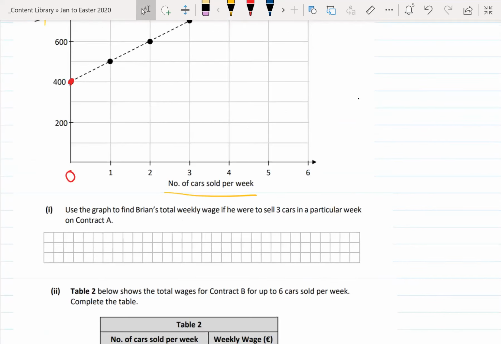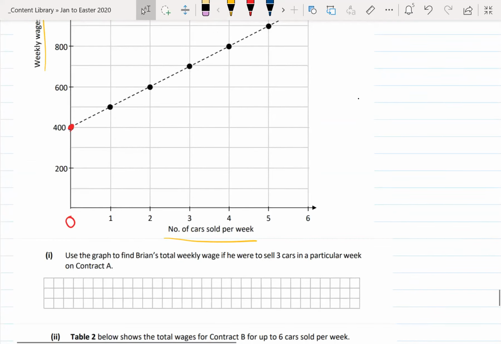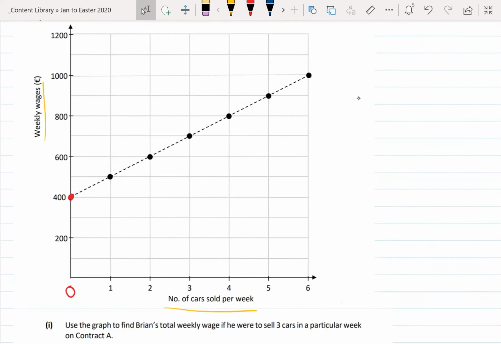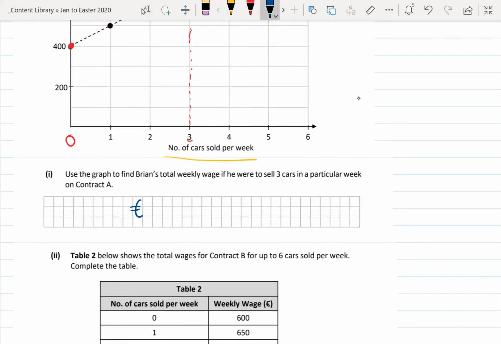Use the graph to find Brian's total weekly wage if he were to sell 3 cars in a particular week on contract A. We just go up, when you hit the graph, then go across and take your reading from here. 700 euros.